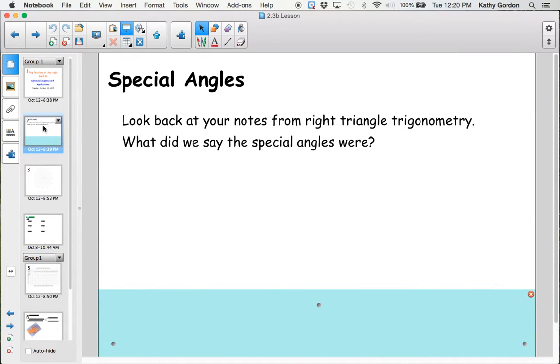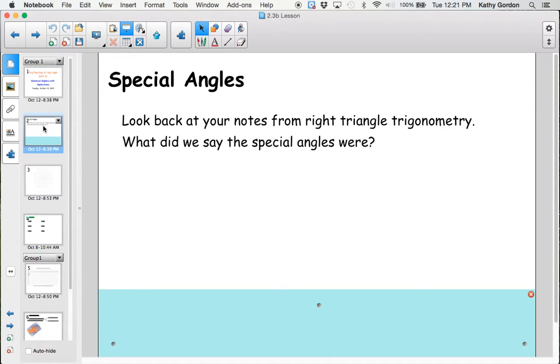So what we're really going to be focusing on today is not so much any angle, but any angle among the special angles. If you remember, when we were talking about right triangle trigonometry, we took a little bit of time and talked about the special angles from the special triangles, the 30, 60, 90, and the 45, 45, 90.